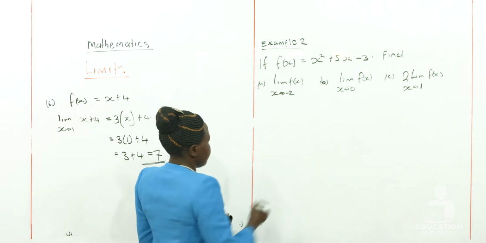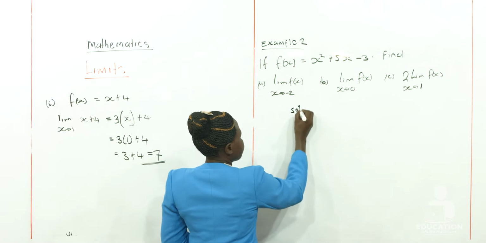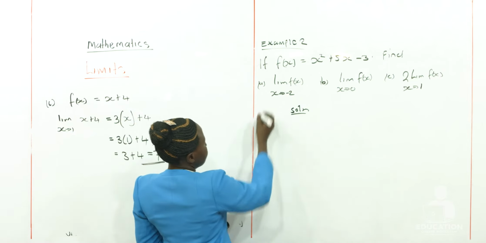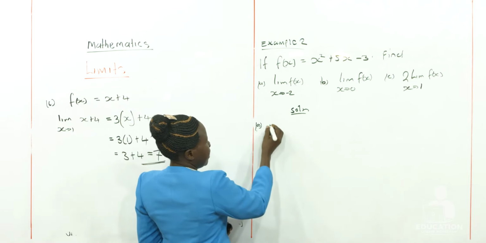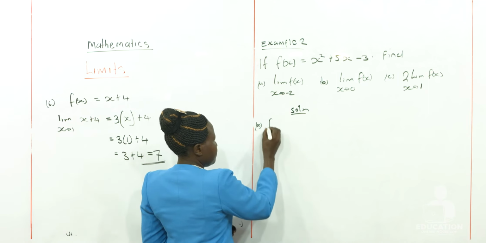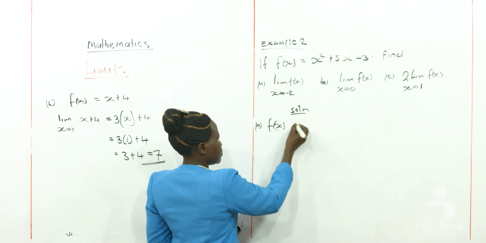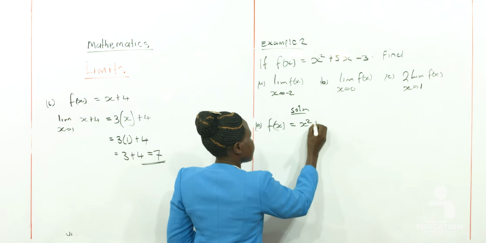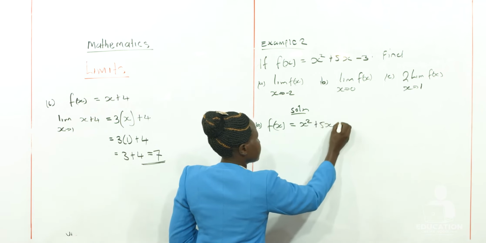So when you look at this, we come to our solution. You say, if I'm to state my solution or to answer question part A, then you first have to state the rule, that is the function given. So you say our function is x squared plus 5x minus 3.